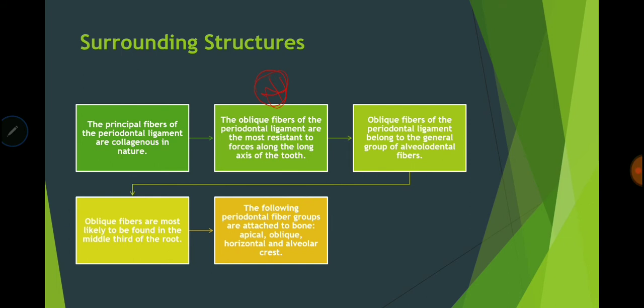Are the oblique fibers. The oblique fibers of the periodontal ligament belong to the general group of the alveolar dental fibers. They are most likely to be found in the middle third of the root.